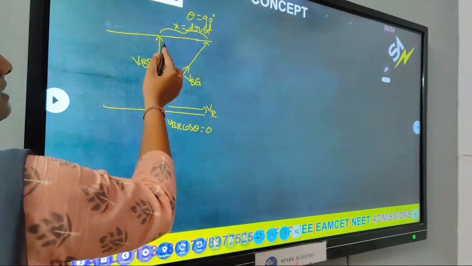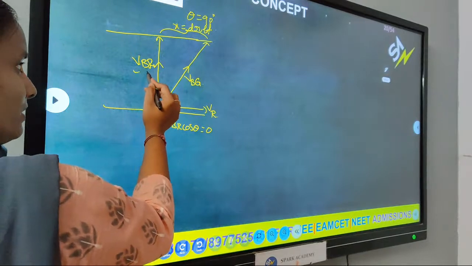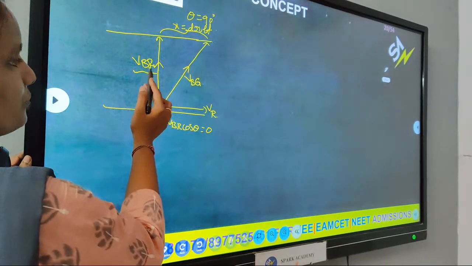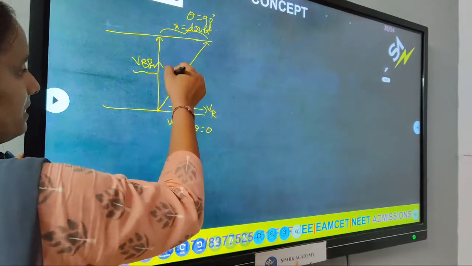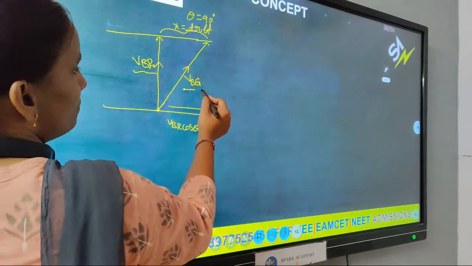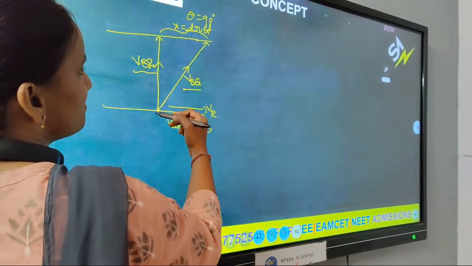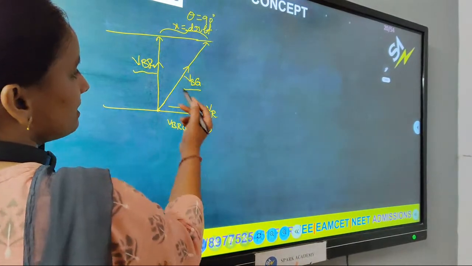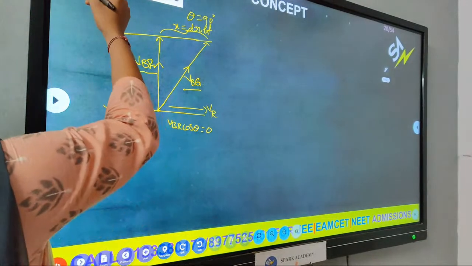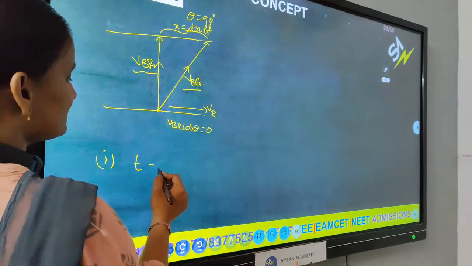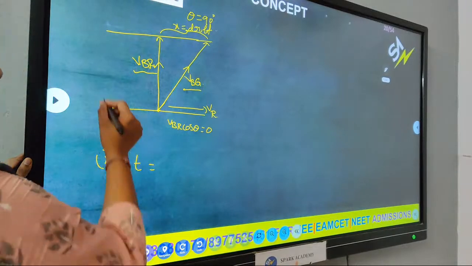So to travel in minimum time, we give the relative velocity of the boat so that he reaches the opposite bank perpendicular to the river flow. Now the net velocity of the boat is in this direction, which is the resultant of these two. In this case, in minimum time, what is the time taken to reach the opposite bank?